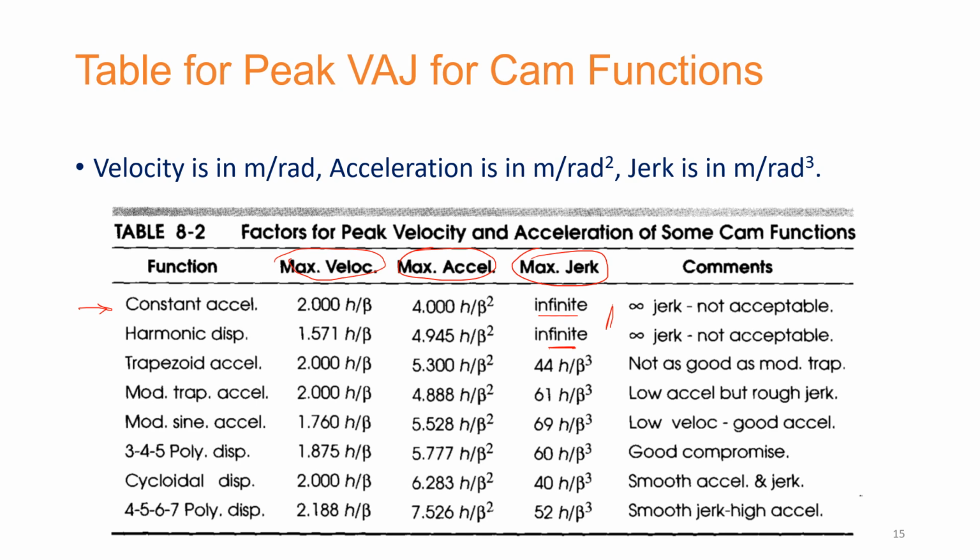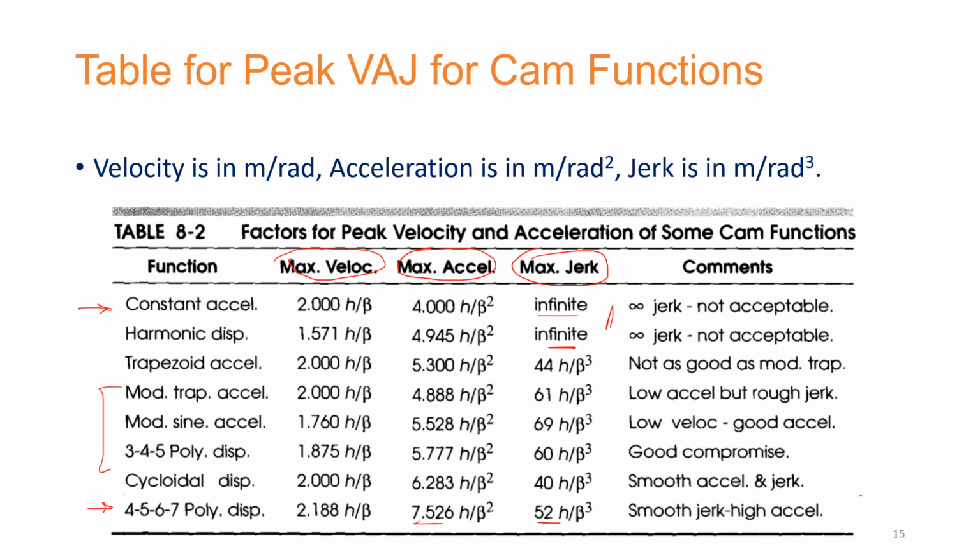In case of 4, 5, 6 polynomial over here, the jerk values and the acceleration values are much higher as compared to the others. These are going to give you some problems when you consider the acceleration and jerk, and correspondingly the force requirement as well as the induced vibrations. So with this realization that you have got these adversarial values over here, you can get to the middle of these comparisons and see what is happening.